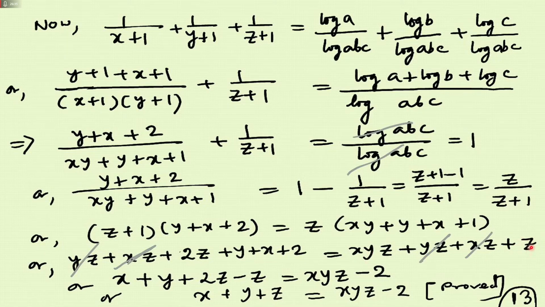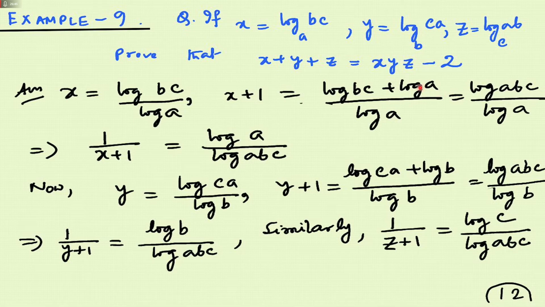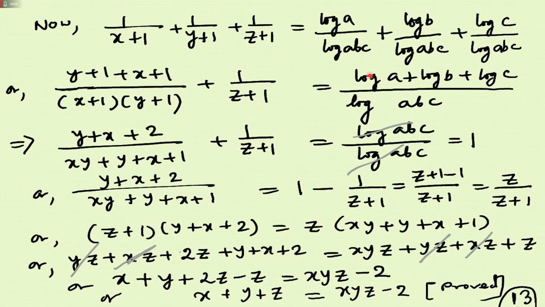Now just take this z to the left hand side of the equation, you will have x plus y plus 2z minus z, and take these 2 to the right hand side, because you have to get this type of terms in your right hand side of the equation.